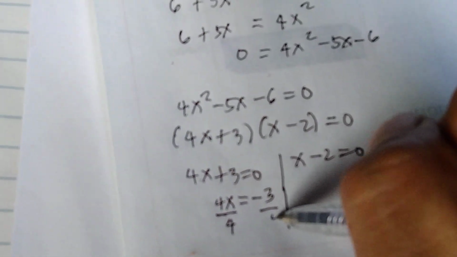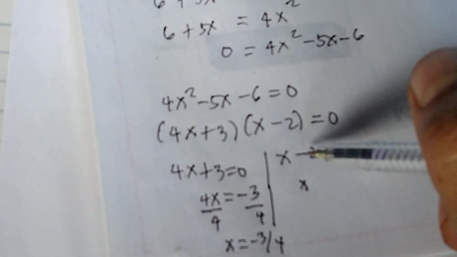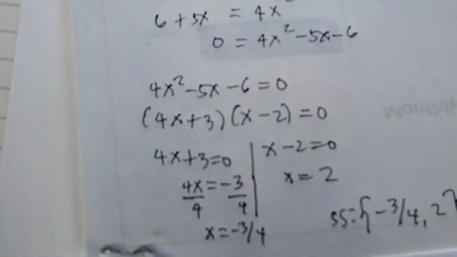So from here, we divide both sides by 4. So x is equal to negative 3 over 4. So kana, we simply transpose negative 2 to the right side. So x is equal to 2. So our solution set are negative 3/4 and 2. Okay?